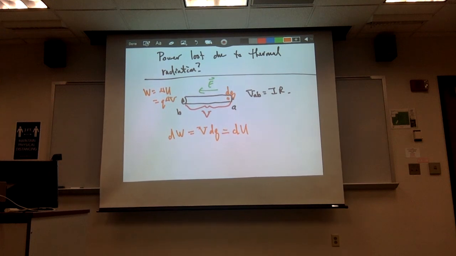Now, if this happens over a time frame of, say, dt, we can then say that the power, which is equal to the rate at which the energy is changing, is going to be equal to the potential times the change in charge divided by the change in time. Well, what's the change in charge per change in time? What did we call that yesterday?